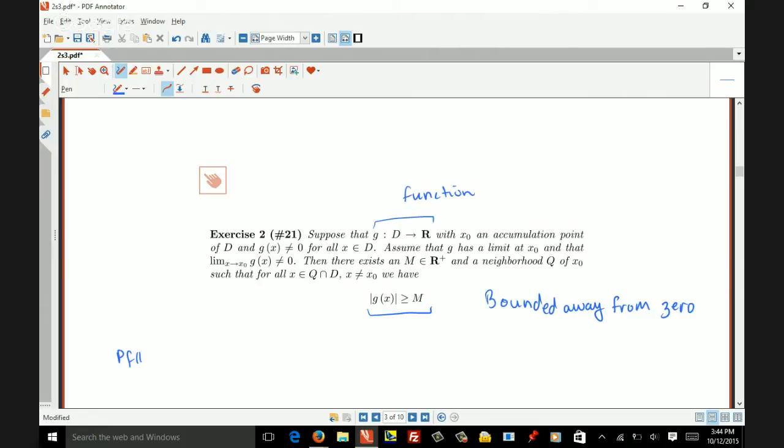What's the hypothesis? The first little bit: suppose g takes D to R, x naught is an accumulation point of D, and assume that g has a limit.